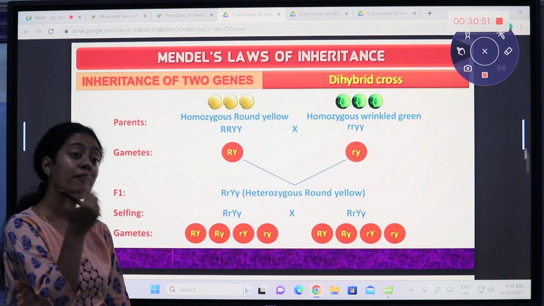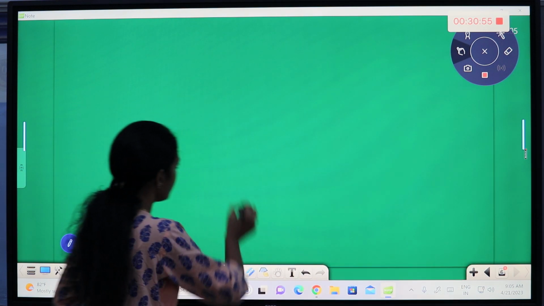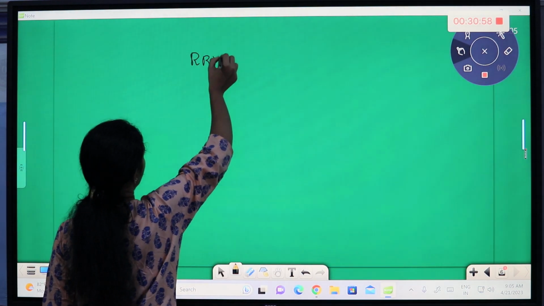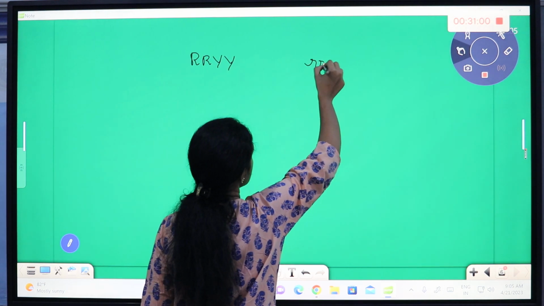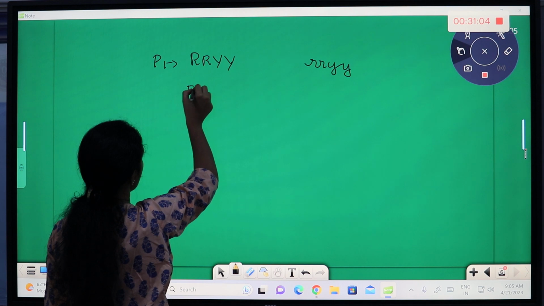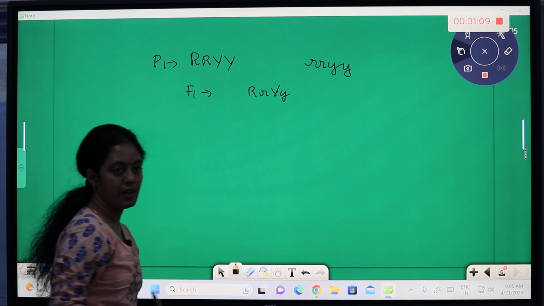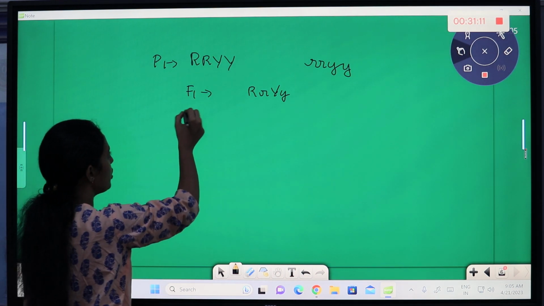That's the F1. Now F2. F2 is where many people get confused. I will write here RRYY and small r small r small y small y. This is your P1. What is your F1? Capital R small r, capital Y small y. Correct? Now what is F2?